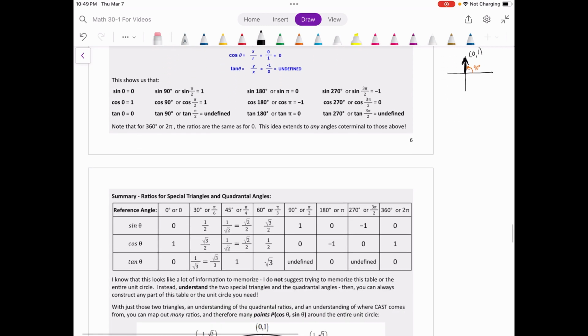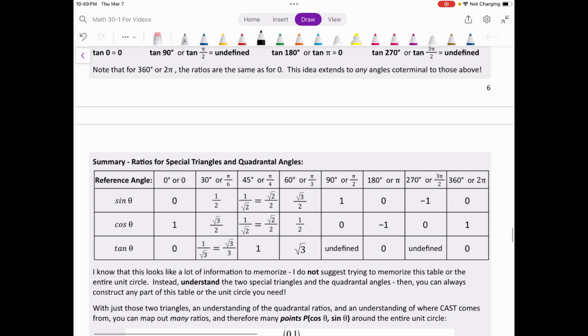So here is a summary of all of the stuff that we just talked about. Now, should you memorize that? I mean, you're probably sick of me saying this at this point, but no. I do not suggest trying to memorize this table or the entire unit circle. It's much easier to understand those relationships, understand the two special triangles and the quadrantal angles.